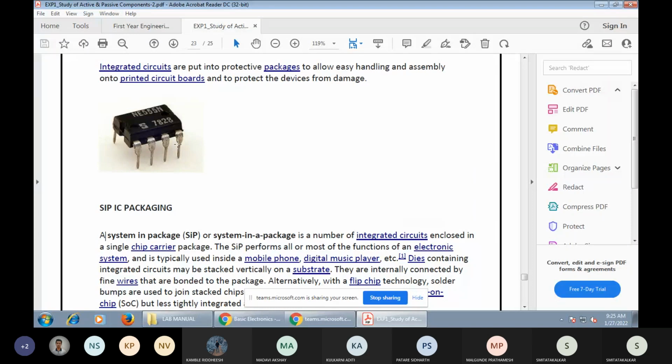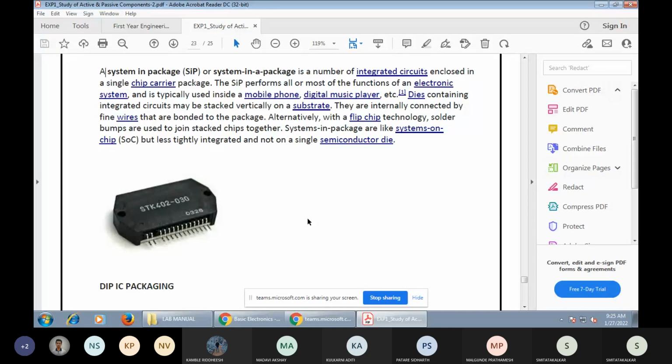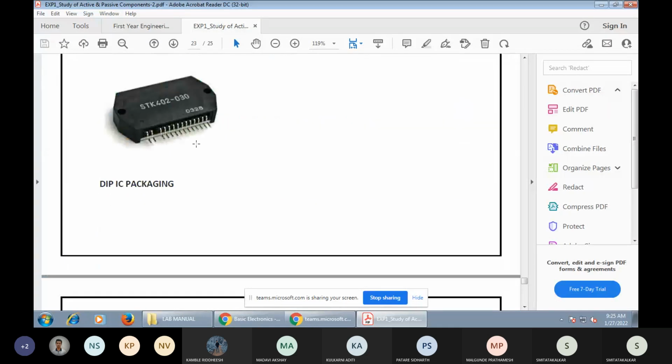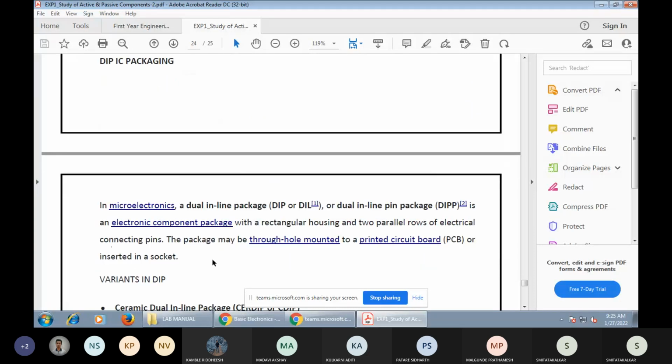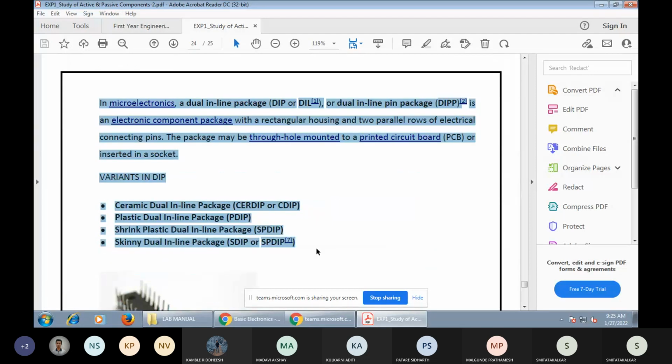But here it is double input, because it has maximum inputs. Dual input packages are required for the base. This type of package you can use for microelectronics, electronic capacitors, single throw, double throw. It is mounted on a PCB base.